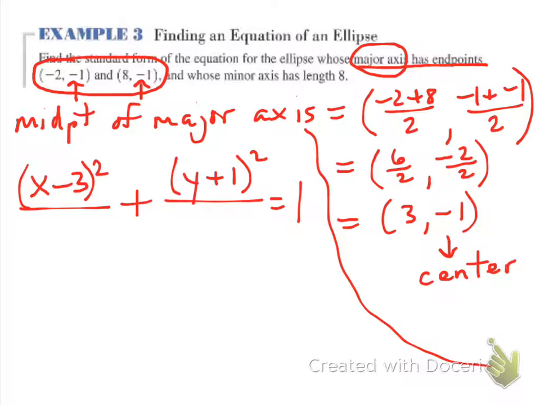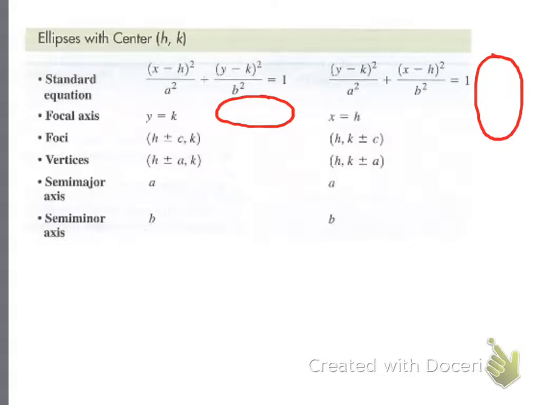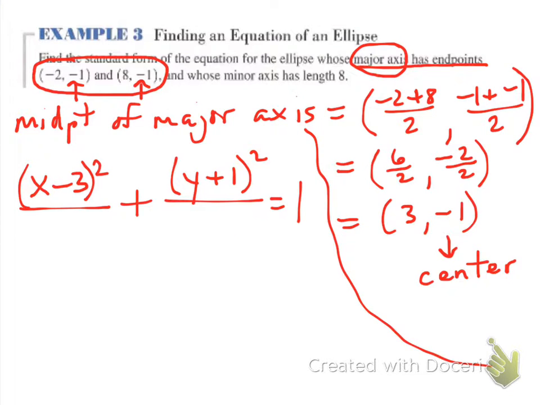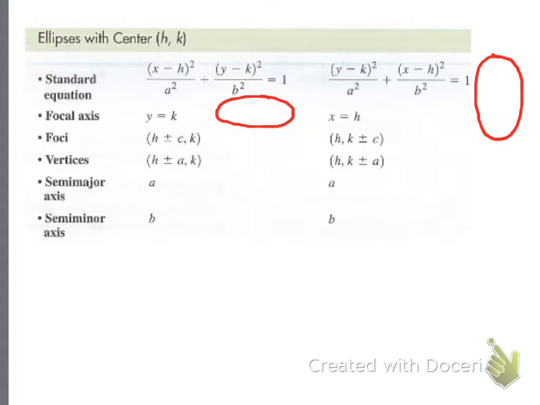Now, the minor axis has a length of 8. Where are we at here? What came first? I'm lost again. All right, x came first. So we're in this column. Again, c squared equals a squared minus b squared.